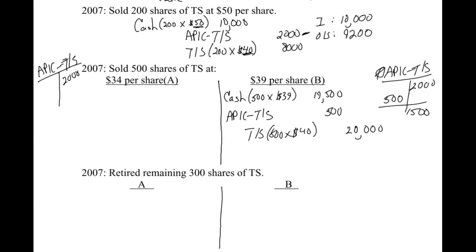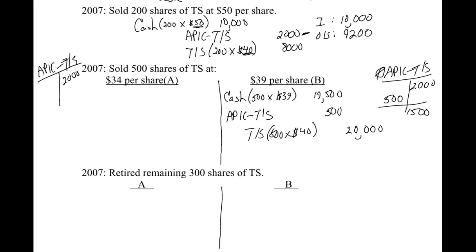I'm good. Once again, I can debit additional paid-in capital treasury stock, I just can't make that account end up as a debit balance. Because it's an equity account, it's a normal credit balance. If it ended up being a debit balance, you'd be saying you have negative additional paid-in capital, which doesn't make any sense.